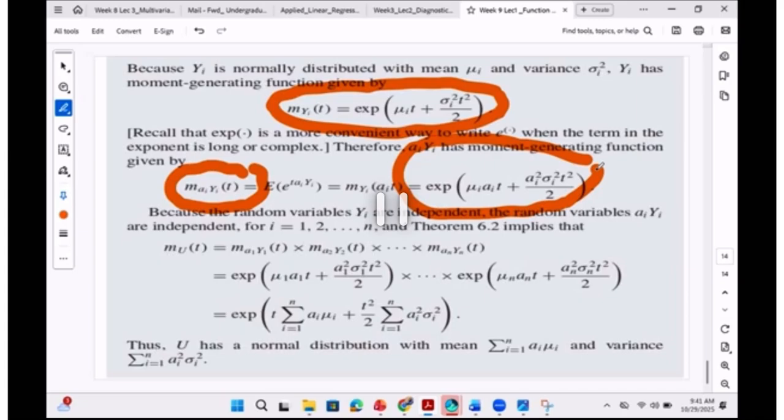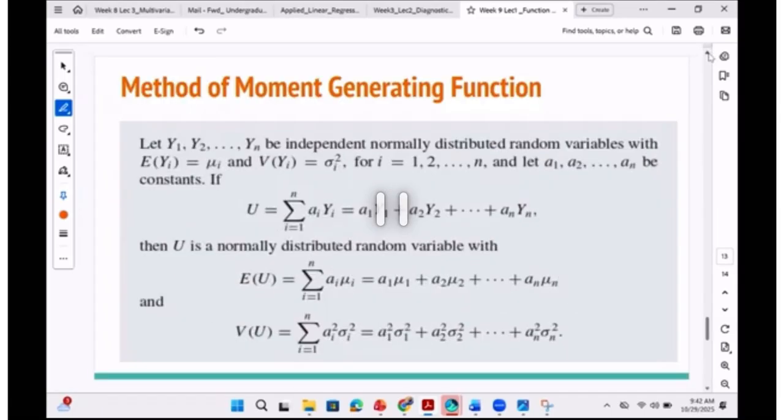Now, this guy is the moment generating function for aiYi. If I want to know it for U1, which is a1Y1, wherever I see i, I'm just going to plug in 1. But if you come back here, please pay attention. Look at this guy: that is U1, U2, up to Un.